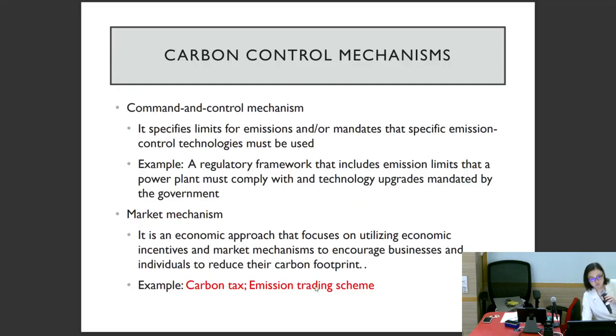And for the emission trading scheme, you may invest in some clean technology and reduce your emissions such that you can sell the allowance to the market and make money. So the market mechanism provides some financial incentive to attract organizations to reduce their carbon emissions.